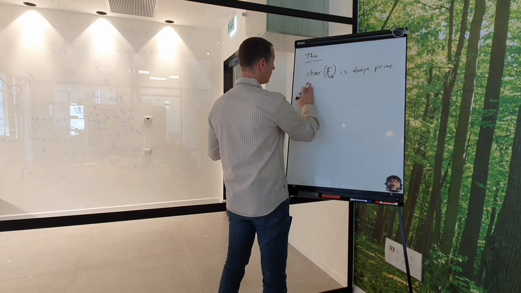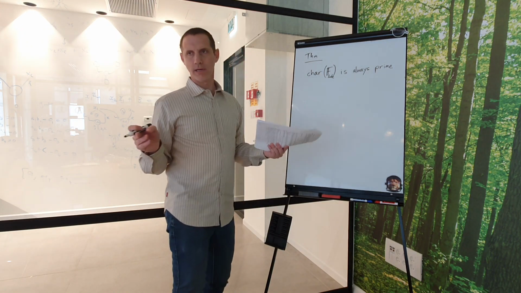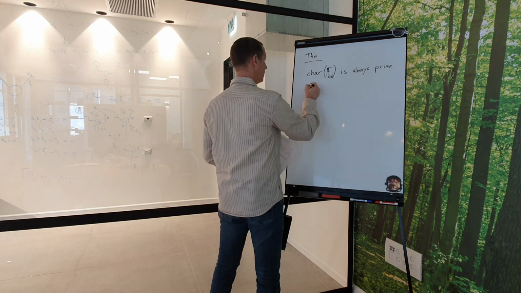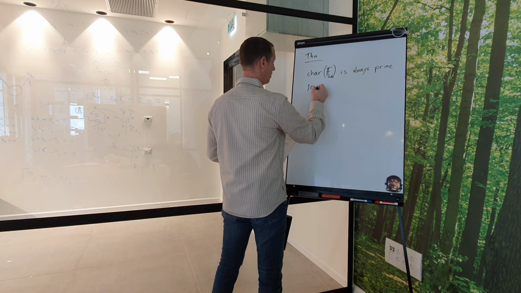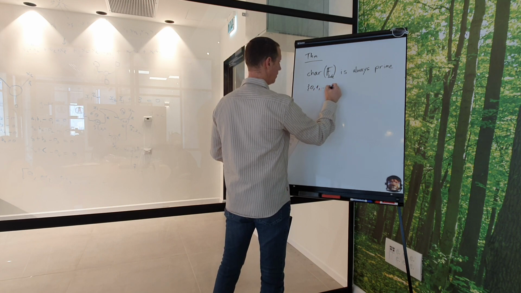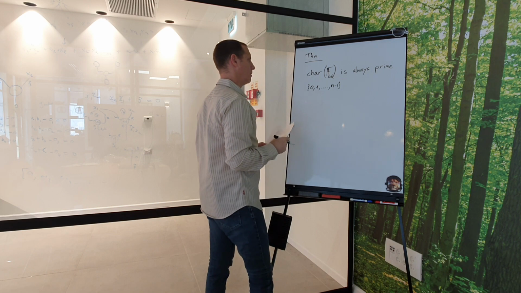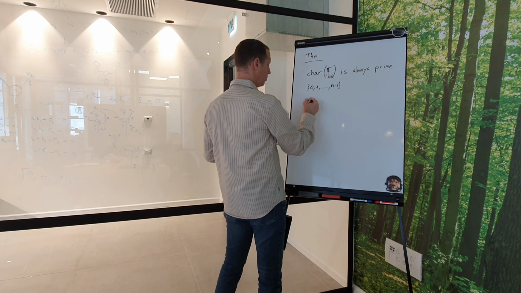So since we've got just a finite number of elements, right? Let's just assume that the elements are, say, up to n minus 1. All right, so now let's choose the following.